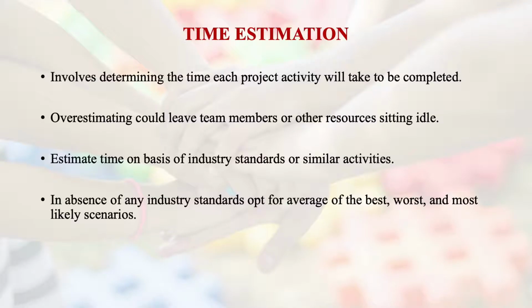This is technically an estimation, and you should not be overestimating, nor underestimating. However, in the absence of any industry standard, opt for the average of the best, worst, and most likely scenarios. This is normally done when you are creating your PERT, and how it can be used, we'll discuss with the help of an example also.